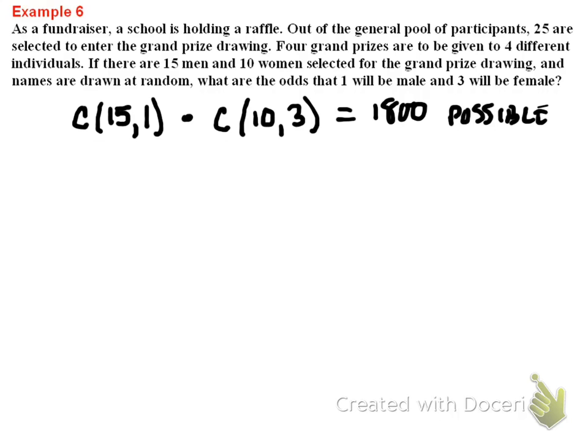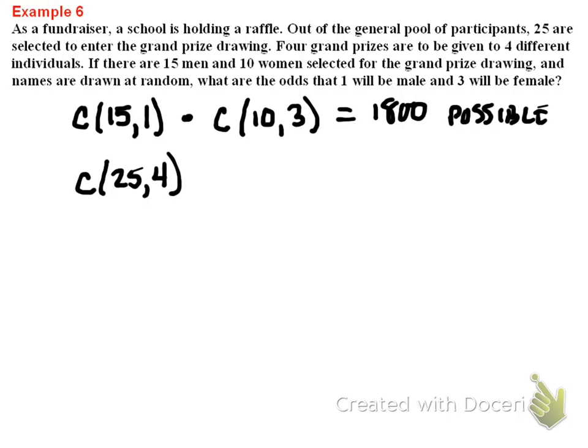Okay, but now let's compare that to how many groups of 4 could be taken out of the general population. So how many combinations can I get from 25 people chosen in groups of 4?